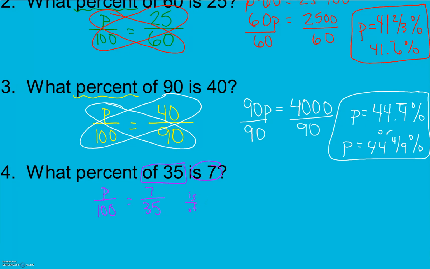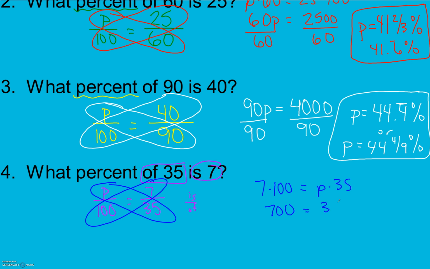You can use cross products here. 7 times 100 equals P times 35. 700 equals 35 times P, is 35P. We divide to get rid of our multiplication. And here, P is going to be 20%.